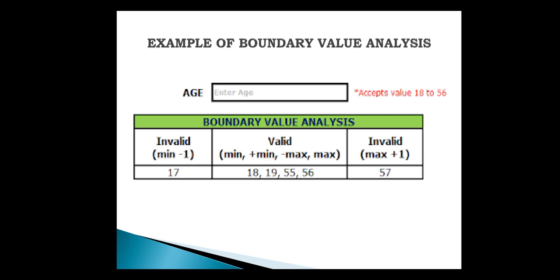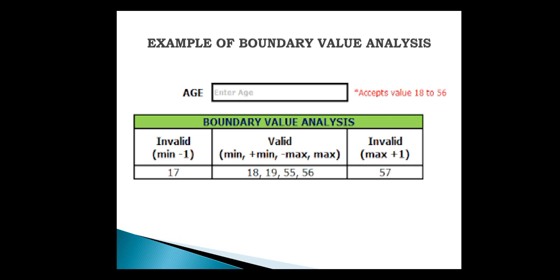I am taking the same example, checking the age field. Here my condition is that it will accept only values between 18 and 56. The minimum boundary of that field is 18, and the maximum boundary is 56.